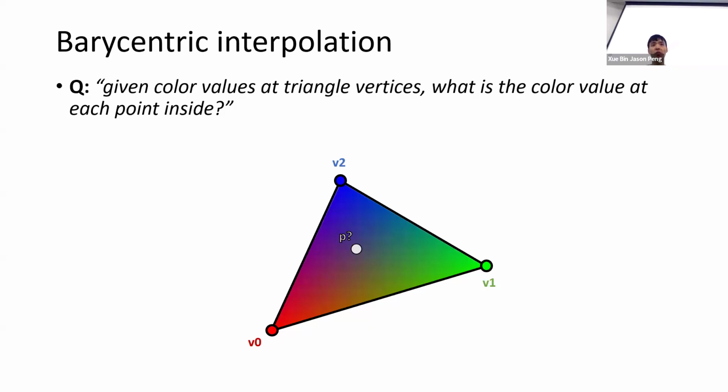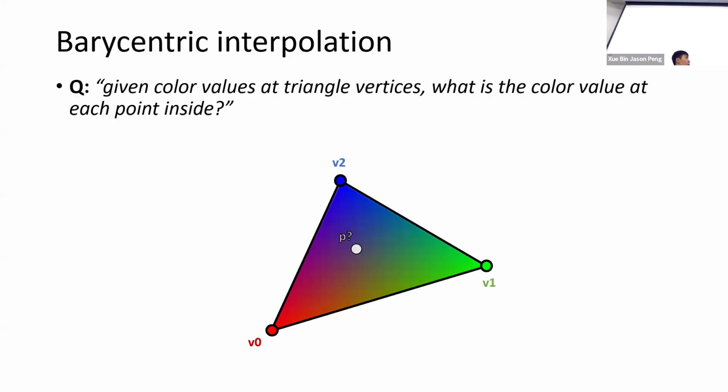But if we assign other points white, then we are going to get this discontinuity where all the pixels inside the triangle will be white, except when we lie exactly at V0, in which case the pixel will suddenly turn red. So that might not be a very intuitive result. Okay, hopefully that answers your question.